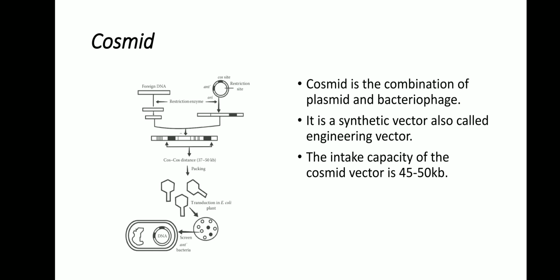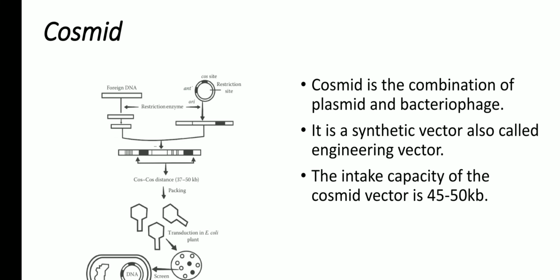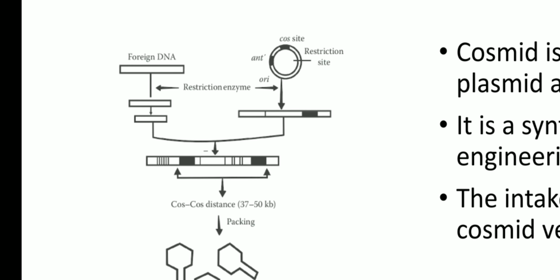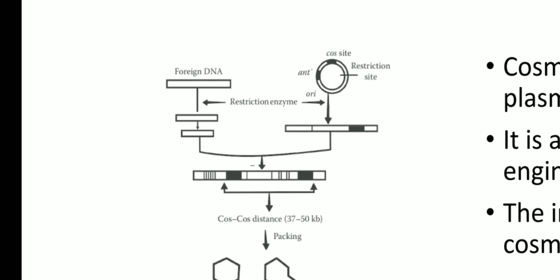Now cosmid. What is cosmid? A combination of plasmid and bacteriophage is called cosmid. It is a synthetic vector, also called an engineered vector. On the right side, here is the cosmid vector, and here is the foreign DNA.